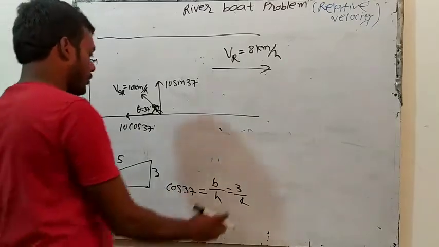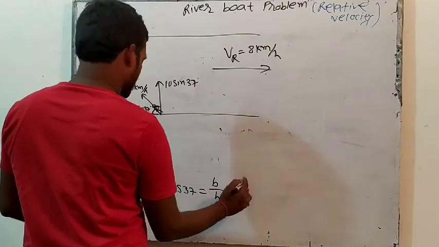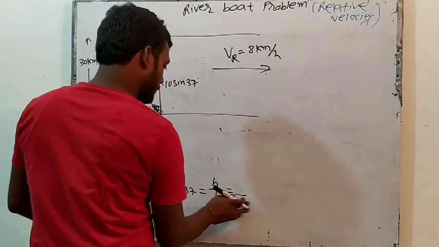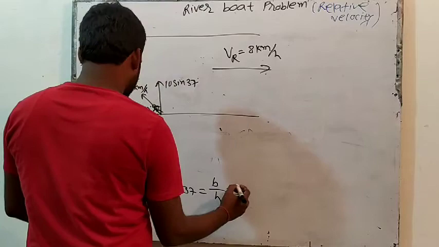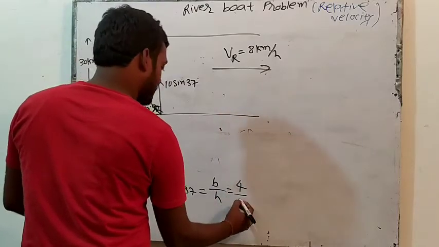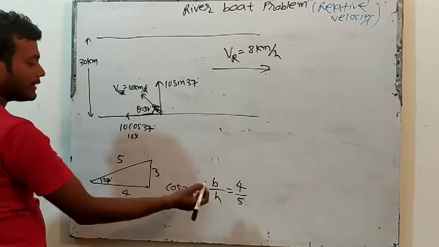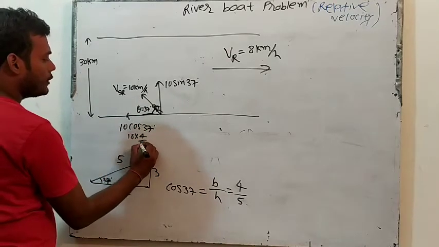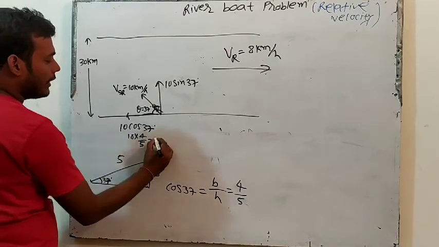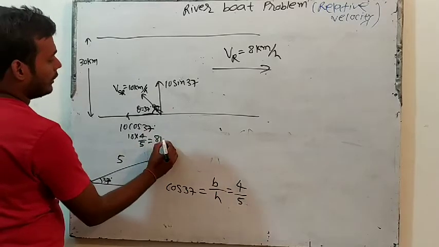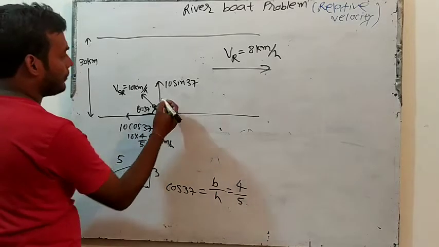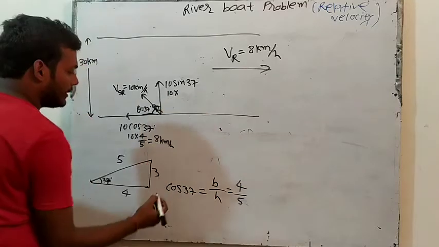Oh, base is 4. Sorry. Base is 4 and hypotenuse is 5. So this will be 4 by 5. So 10 into cos 37 is how much? 4 by 5. So this will be equal to 8 km per hour.